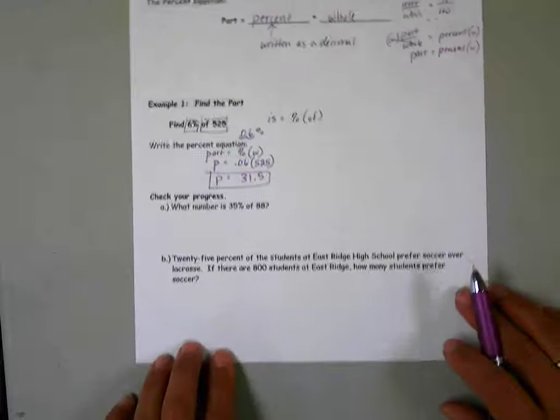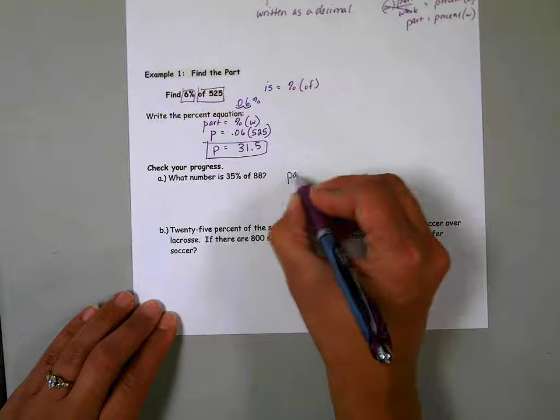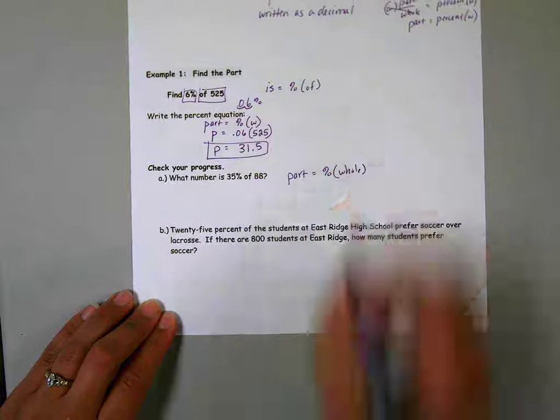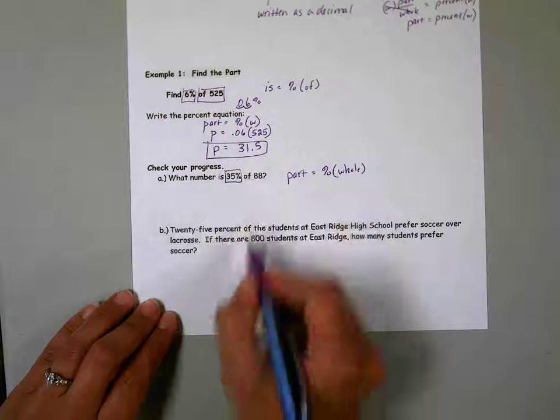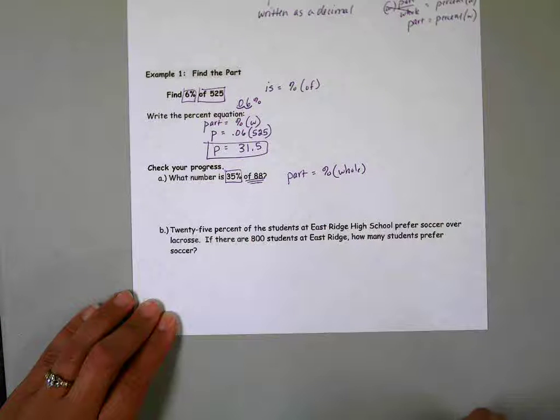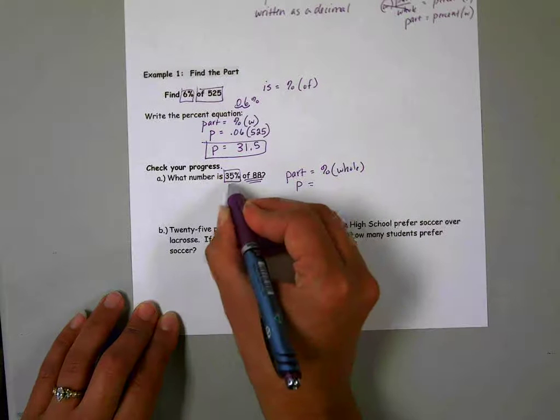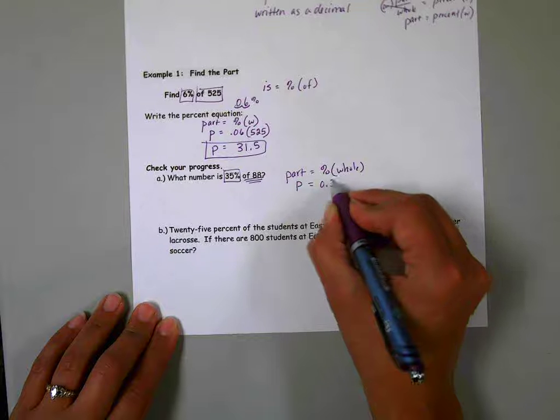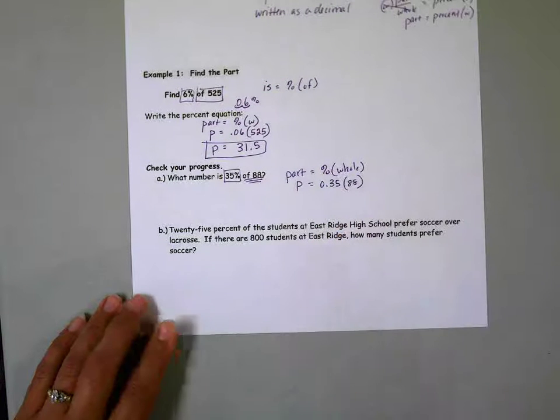Okay, so let's try another example like this. Here we have our equation, part equals percent times the whole. What number is 35%, there's our percent, of 88? We don't know the part. Our percent is 35%, but remember we have to write it as a decimal. So 35 hundredths times 88.